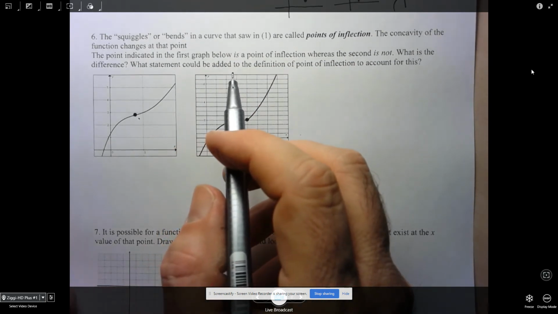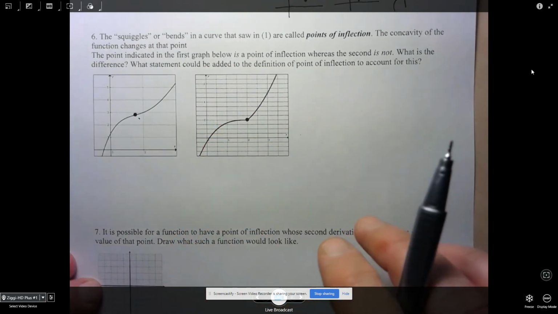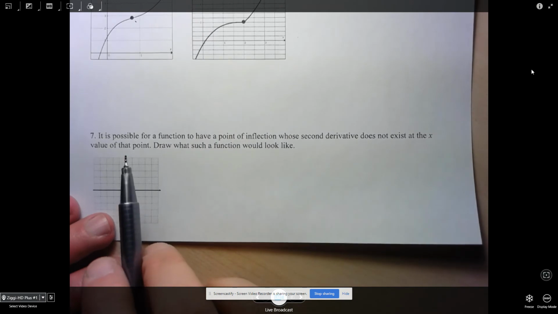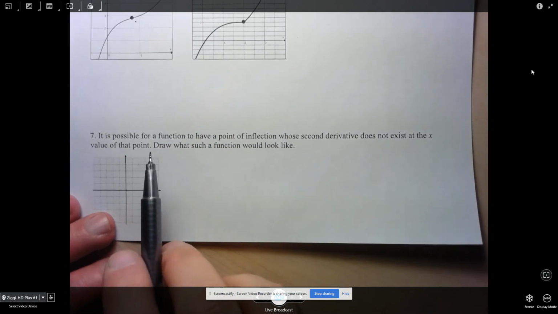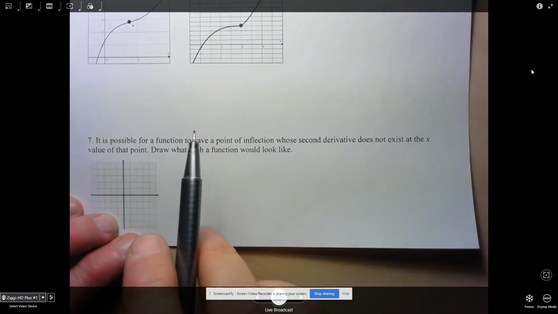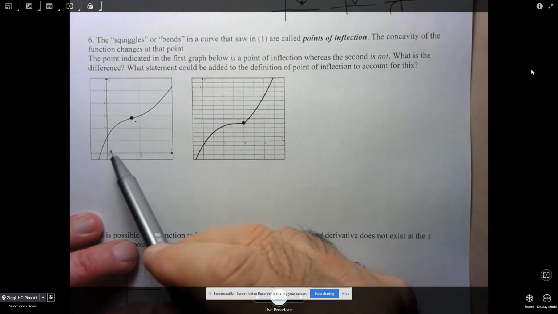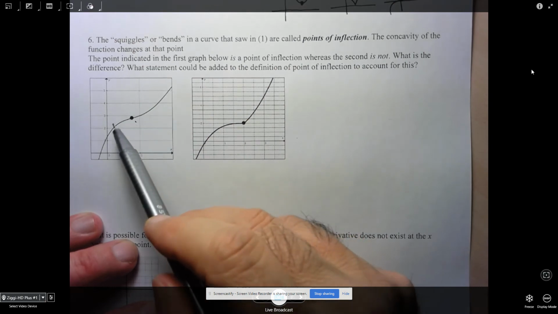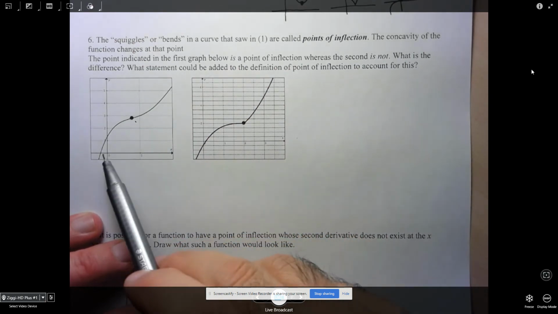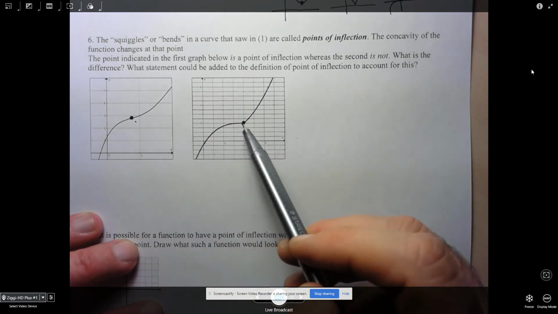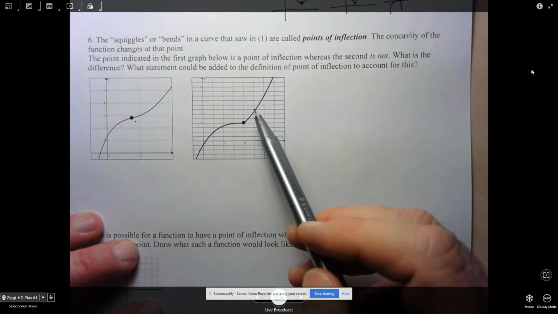And so now, while we just got back, I'm actually going to ask you to go think of number 7. Is it possible to have a point of inflection? In other words, what do we want a point of inflection to do? To change concavity, but it needs to change concavity in a nice, smooth way, not this jagged way that a cusp might do.